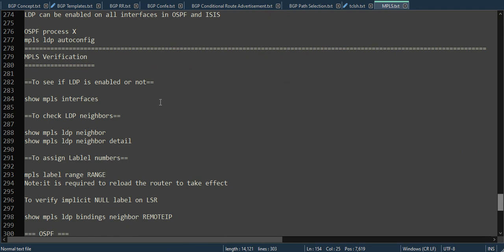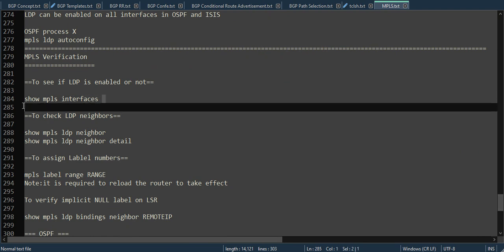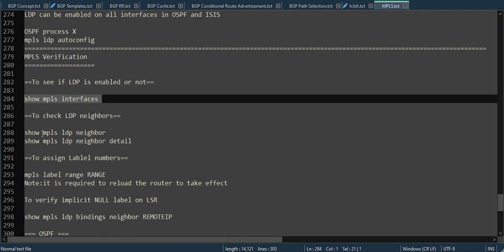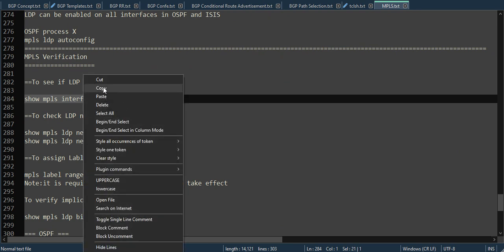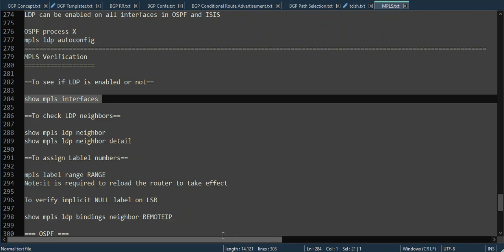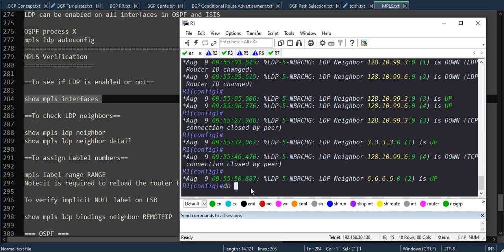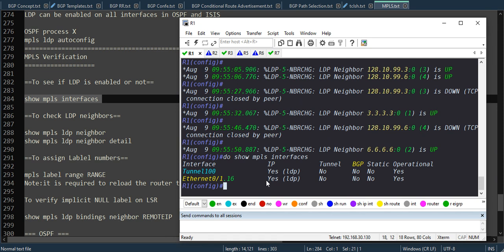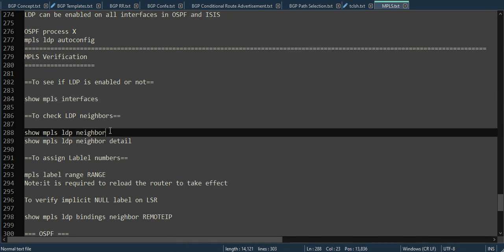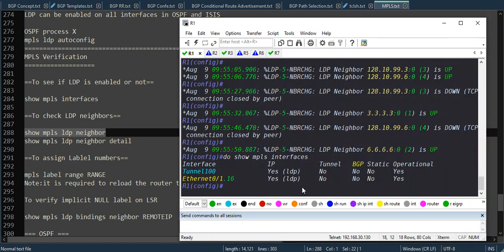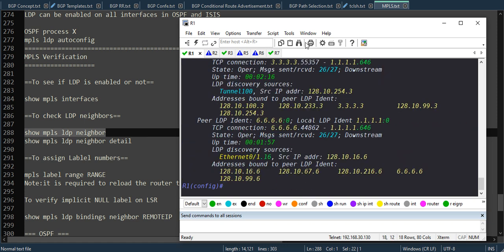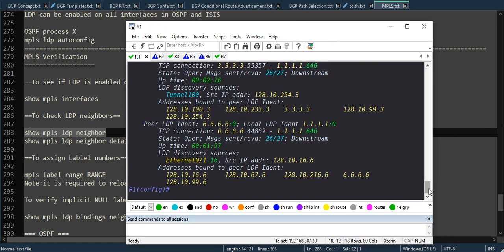You can verify if LDP is enabled or not with show MPLS interfaces and show MPLS LDP neighbor.